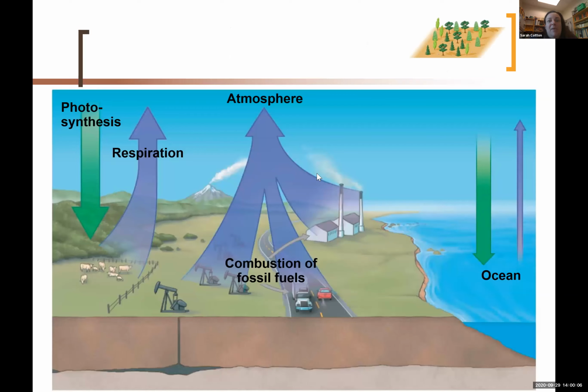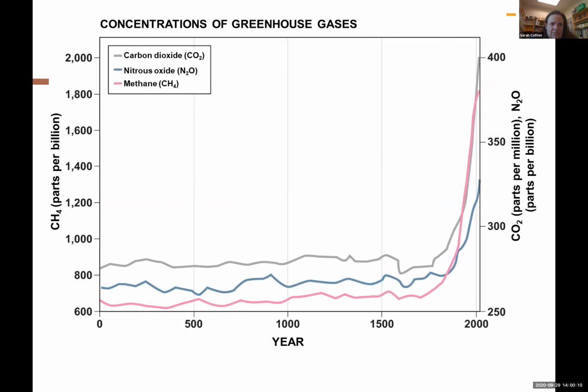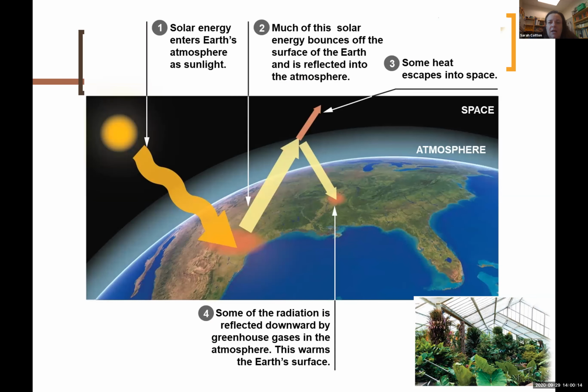And then the biggie, of course, the one that we always want to talk about is climate change. Okay, so the term that we use to describe this now is climate change. Previously, people used global warming or the greenhouse effect.